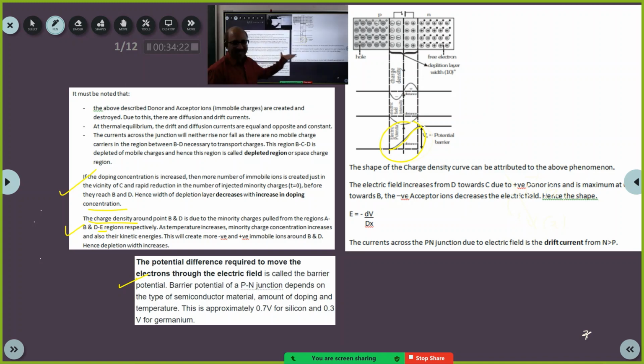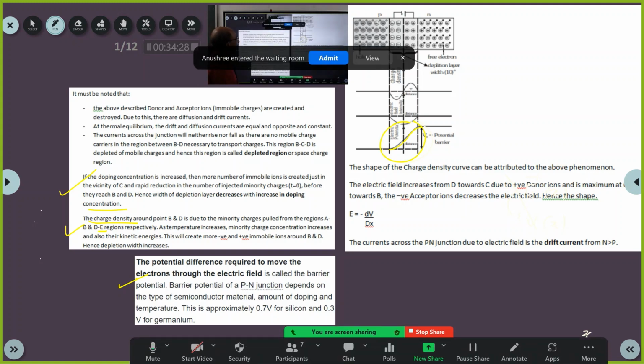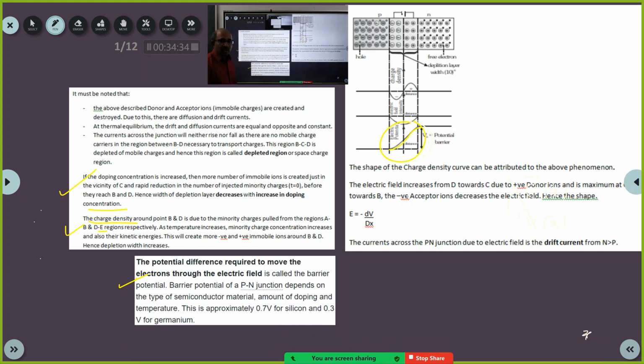You have to explain that. It's not interaction, it's due to the fields, the opposing fields. No, it's not like that. Now look at the word potential barrier. Why did they use potential barrier?